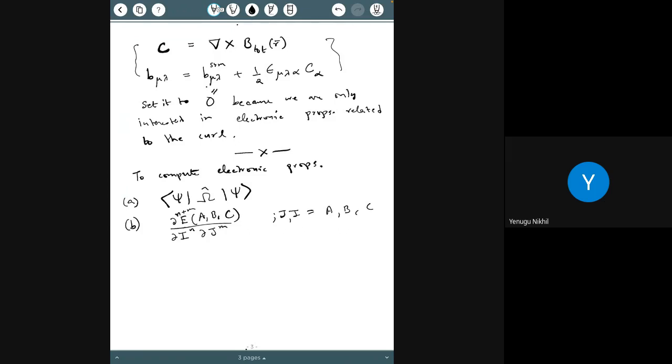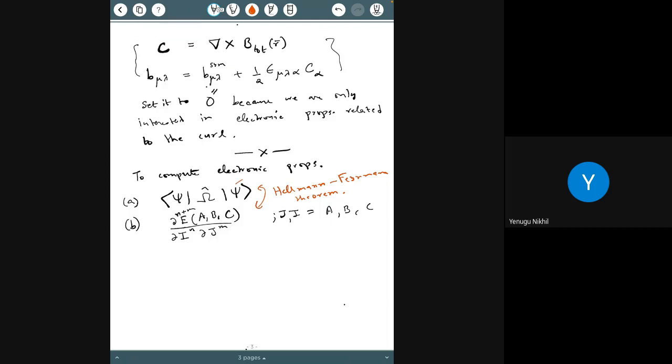So these derivatives can give you the properties or the expectation value, and they are basically related by the Hellman-Feynman theorem. But for the Hellman-Feynman theorem to be exact, you need an exact wave function, which means you also need an infinite or complete basis set, and you also need an exact theory.